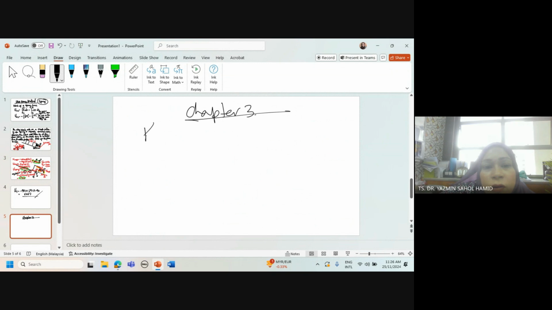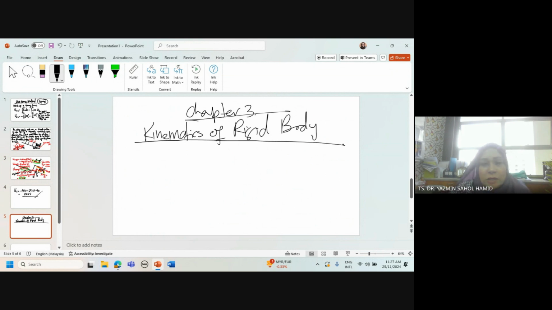And what is it called? Kinematics of rigid body. Now, to understand this topic, chapter 3, which is kinematics of rigid body, you need to understand the motion.